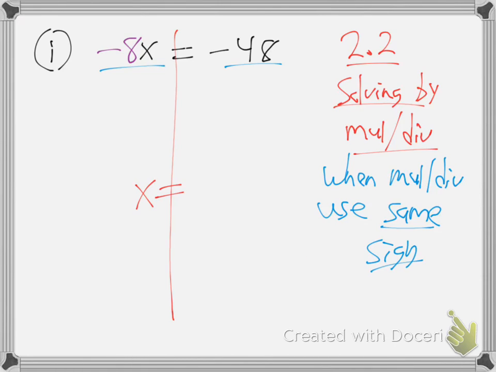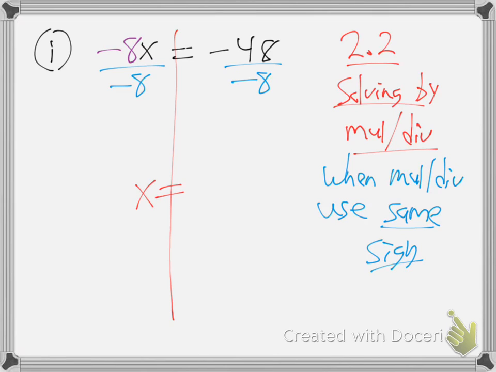You don't use the opposite sign like we did for adding, subtracting. Why not? When we added and subtracted, we had to use the opposite sign to make it opposite. When we're dividing, it's the dividing that's doing the opposite. So I divide both sides by negative 8.